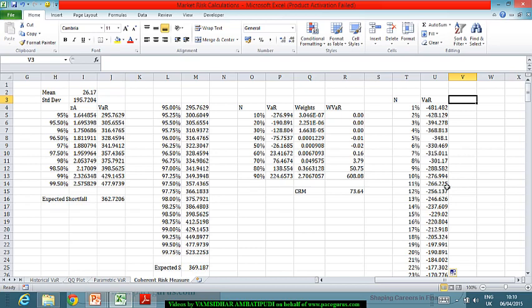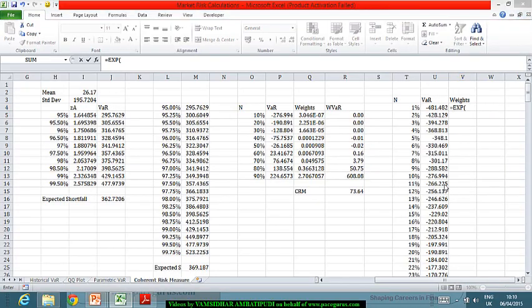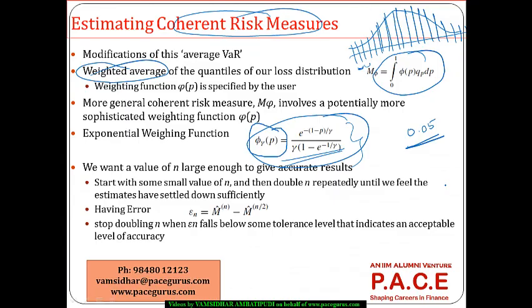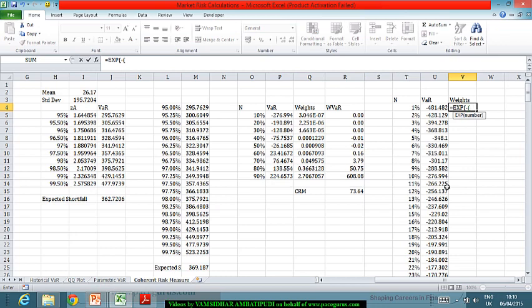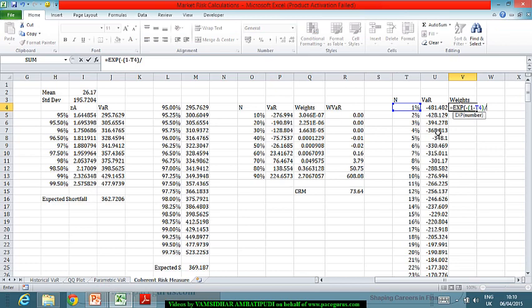And if I am going with the weights corresponding to each one, I'll use this exponential function, e to the power of minus of 1 minus p, divided by gamma.